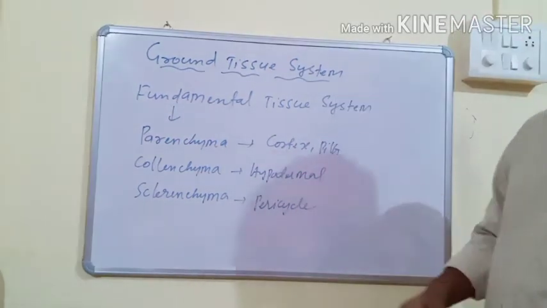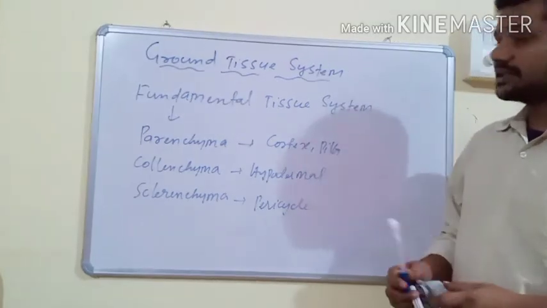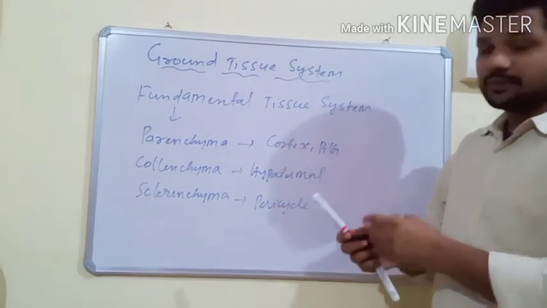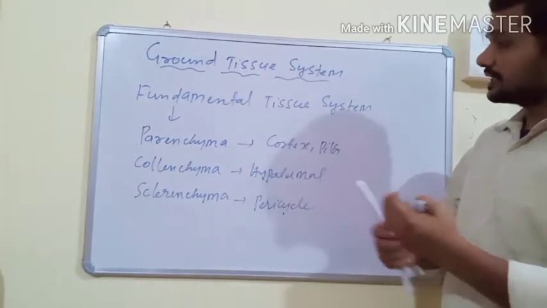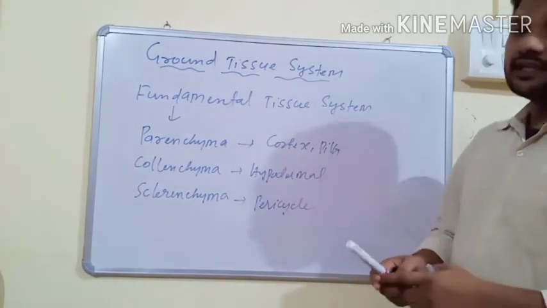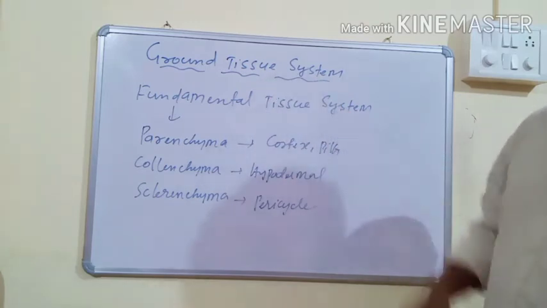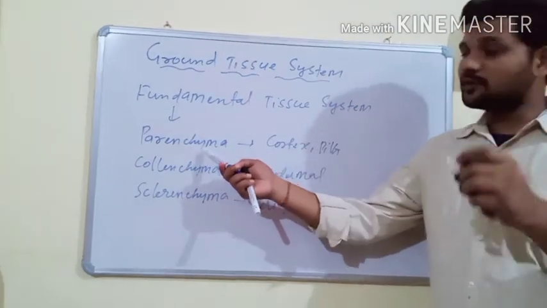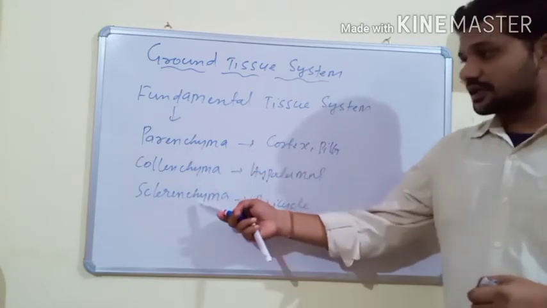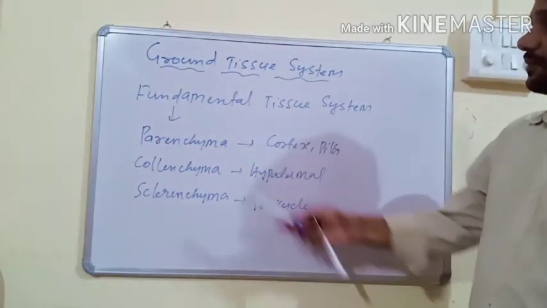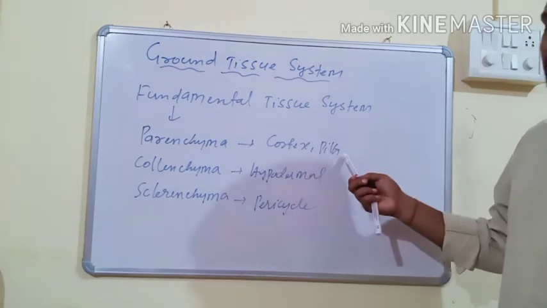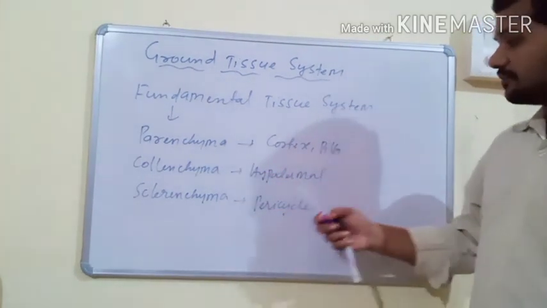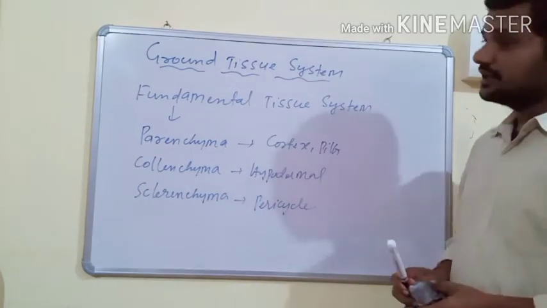So the ground tissue system is also known as the fundamental tissue system because, except epidermis and conducting tissues, the whole interior of the plant body is made up of it.